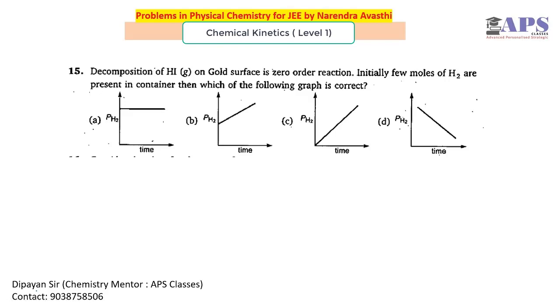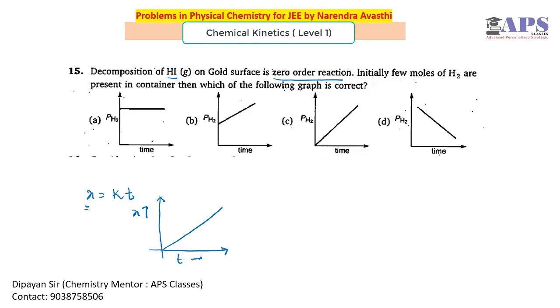In question number 15, decomposition of HI on gold surface is a zero order reaction. So for zero order reaction, we know that x equal to kt. Okay. So product concentration x should be like this, x equal to kt, and it is a straight line passing through origin.